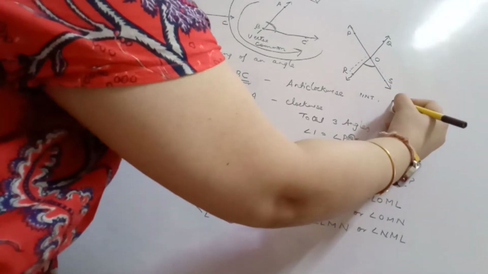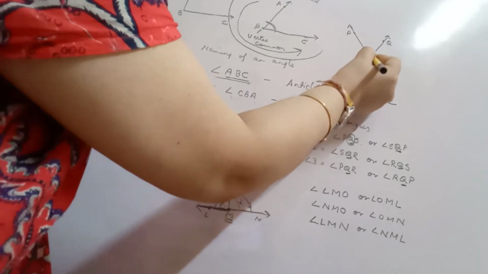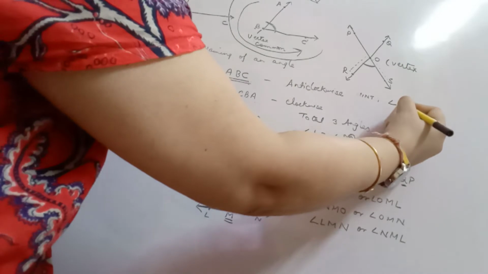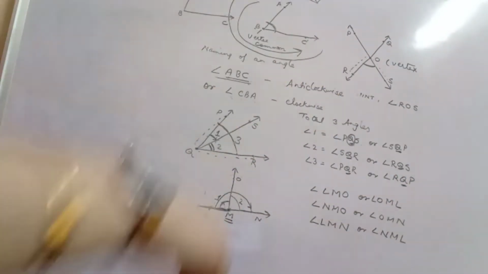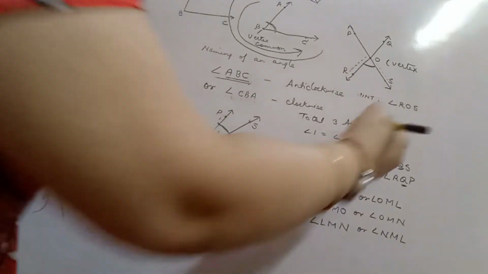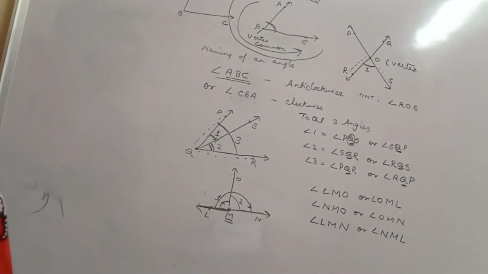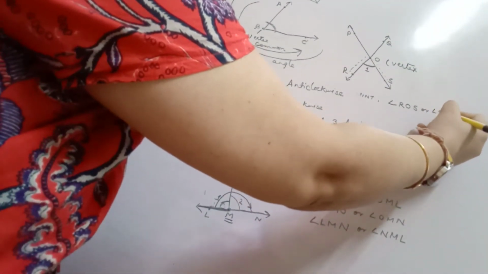So my angle would be angle R, I will start with R, O, the vertex should be at the center, R, O, and the third is S. So this is angle ROS, one of the angles formed here. Or I can write angle SOR.